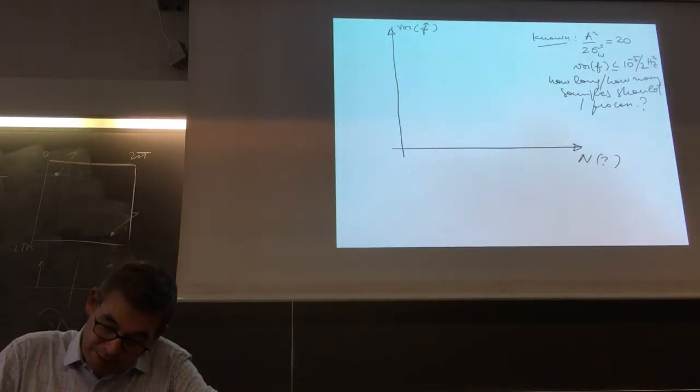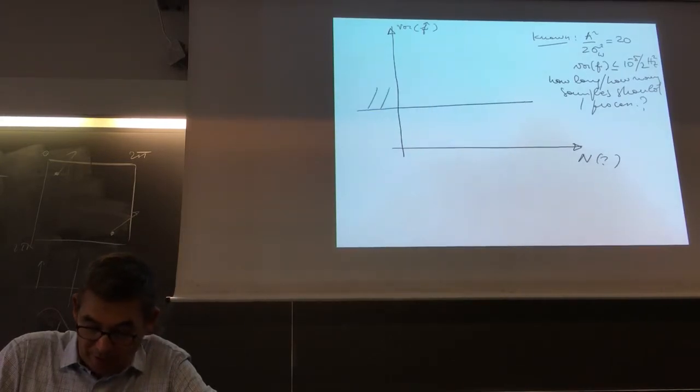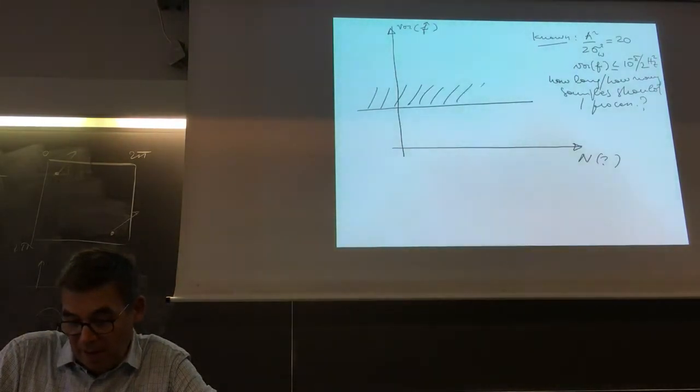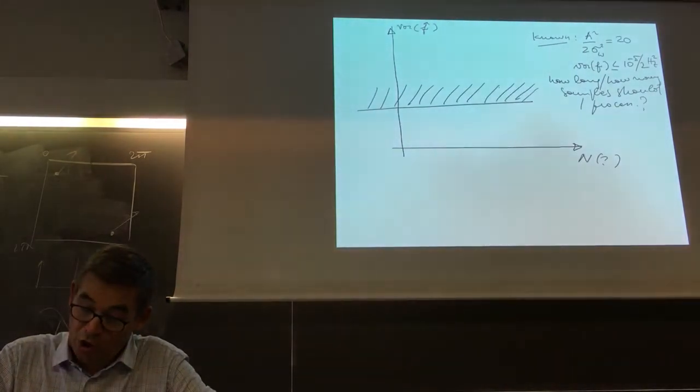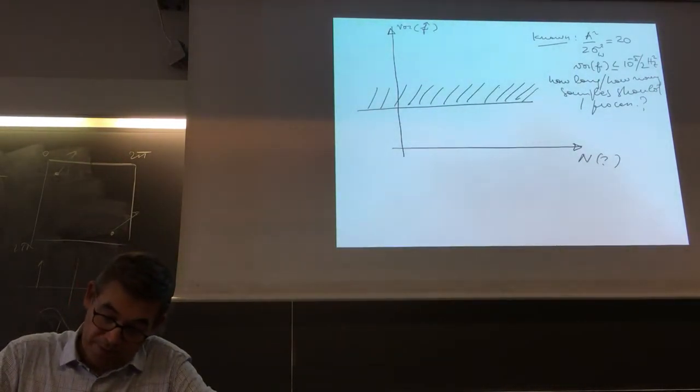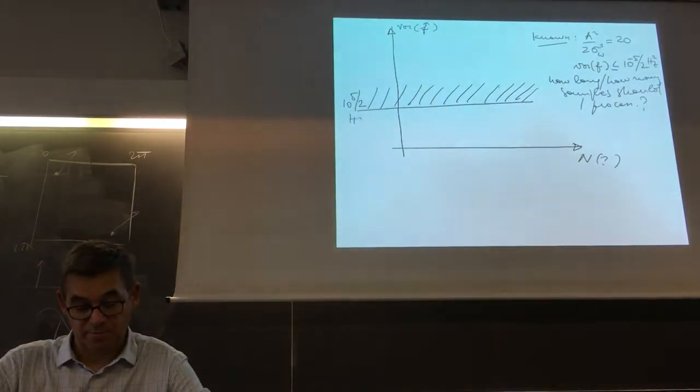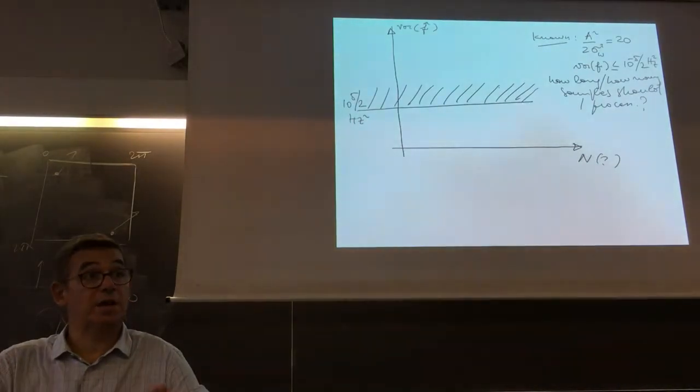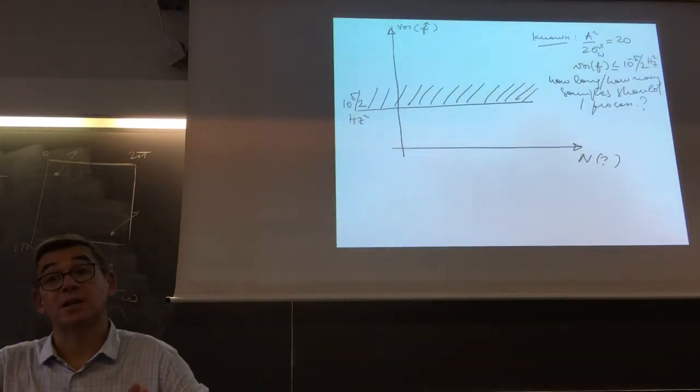The specification says I want my variance lower than 10 to the power minus 5 divided by 2 Hertz squared. Is it clear what the problem is telling me?